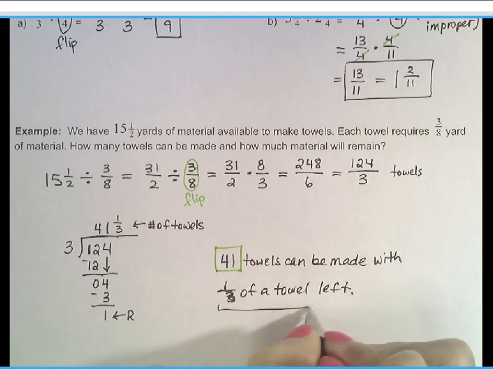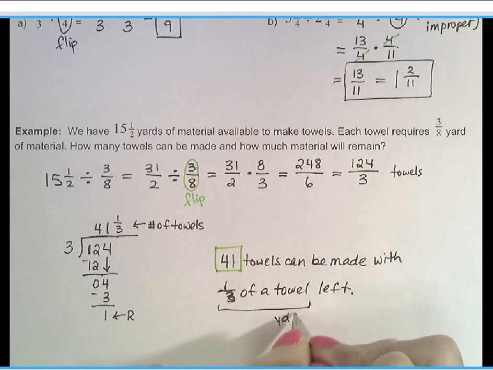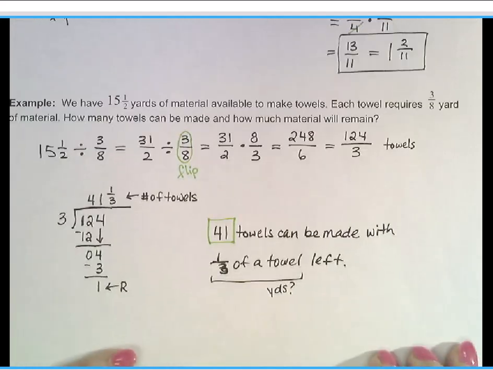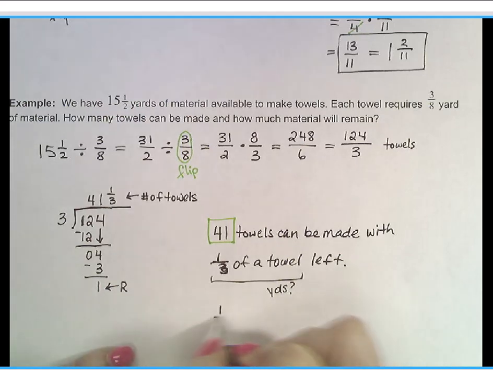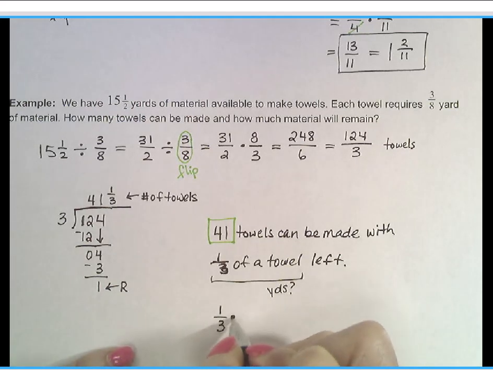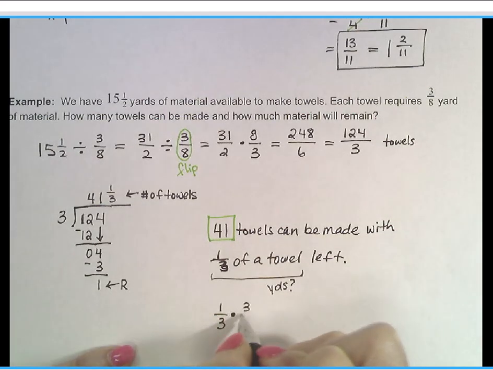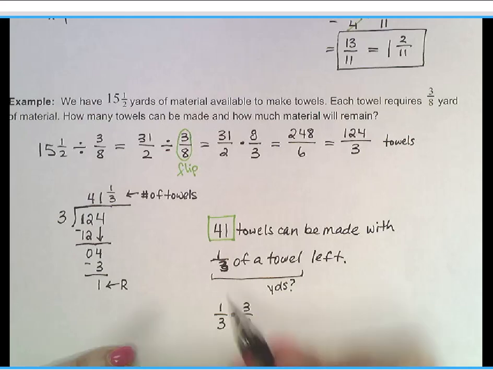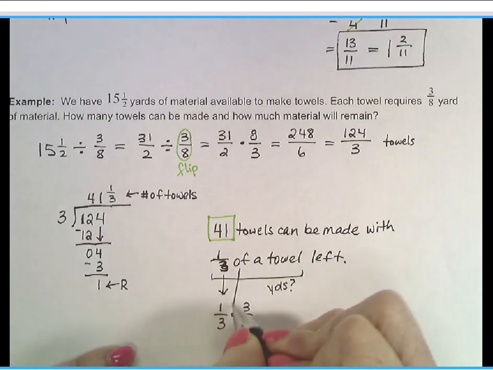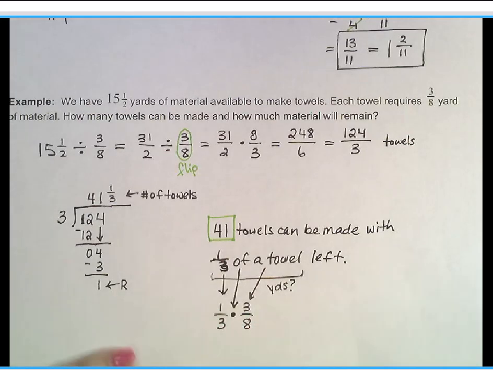How many yards would that be? Because I want to know how much material is left. We have enough material for 1/3 of a towel. 1/3 of, how much is a towel? 3/8 yard. 1/3 of a towel.